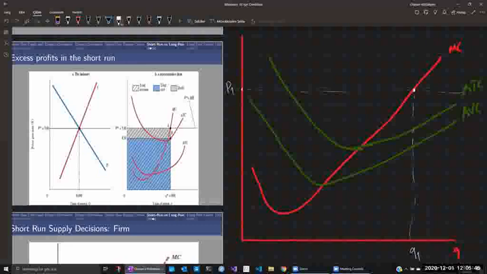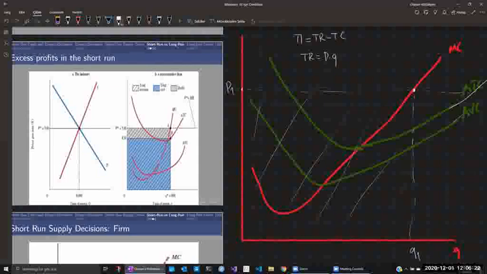At this level, I can find the profit, which is the difference between total revenue and total cost, right? Remember that total revenue was equal to P times Q. So here, the total revenue is given by the square, because it is equal to Q1 times P1.